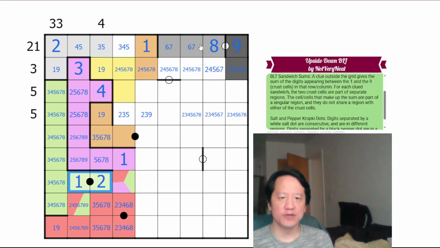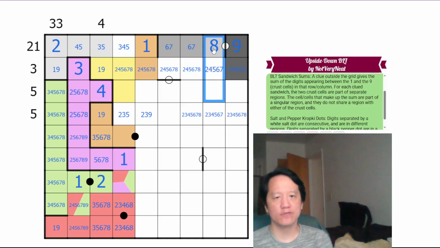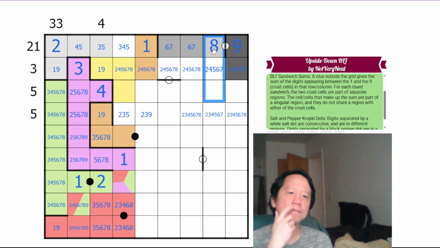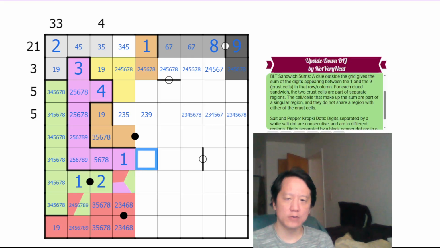This does have to go out either here or here for the medium gray region. Pink can go either here or here.